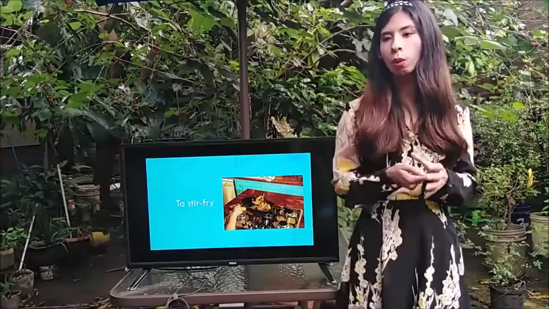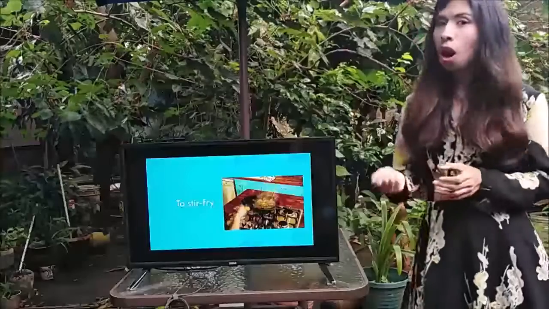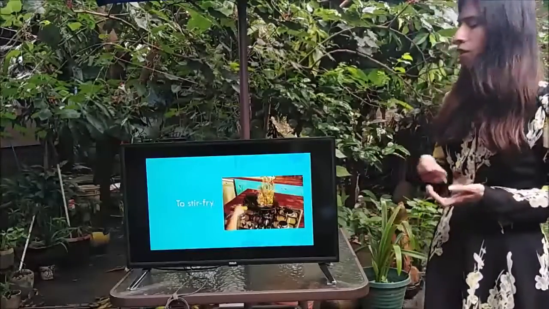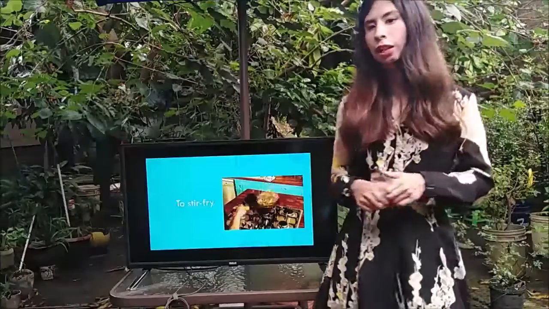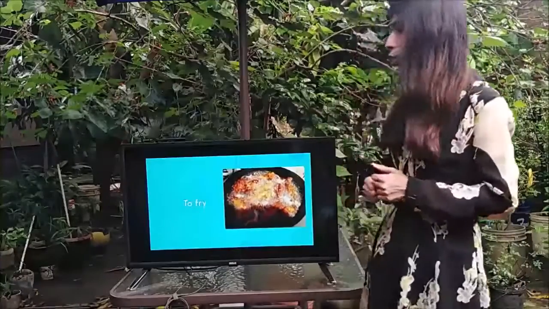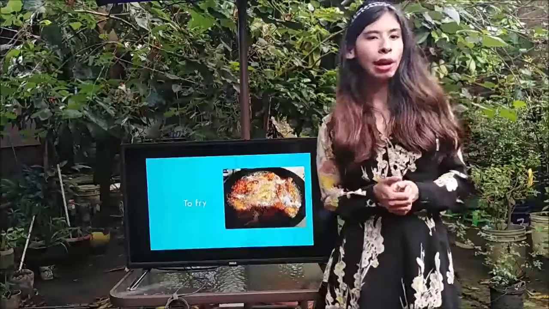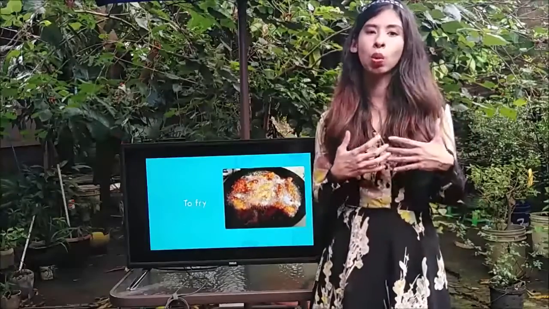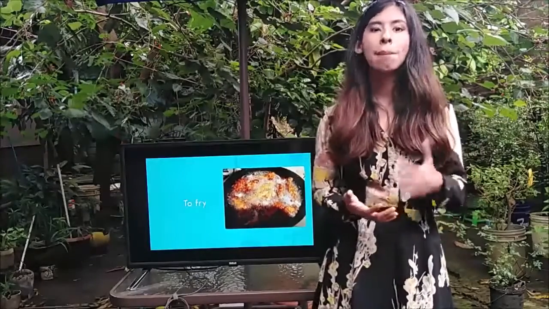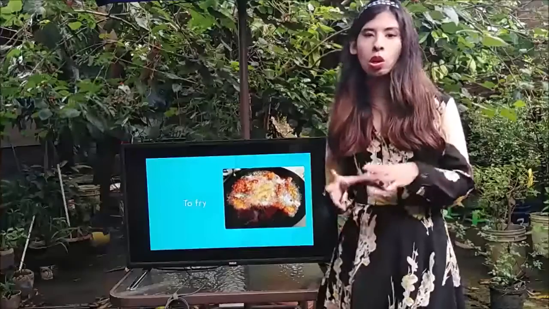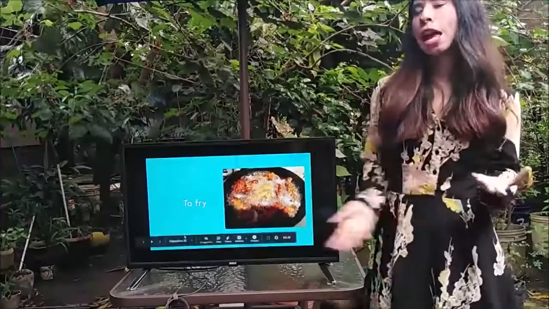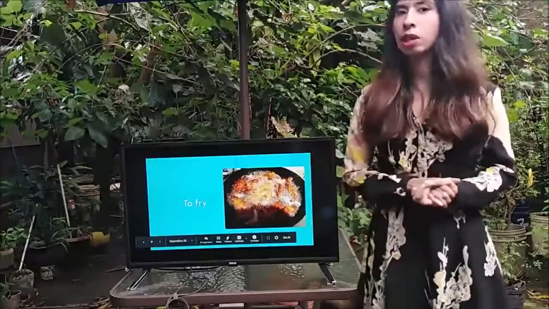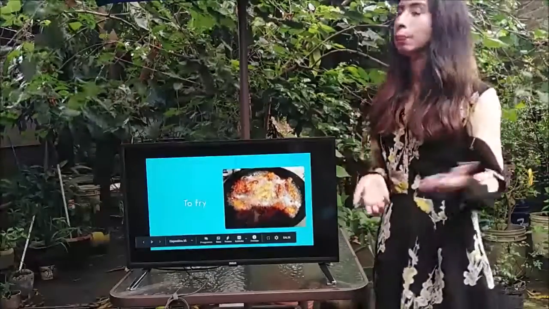Whenever you are raising the wok and then moving the food inside. To fry. What is to fry? To fry is to cook the food by using oil. So you're mixing the food with your oil, and that is how you obtain something fried.